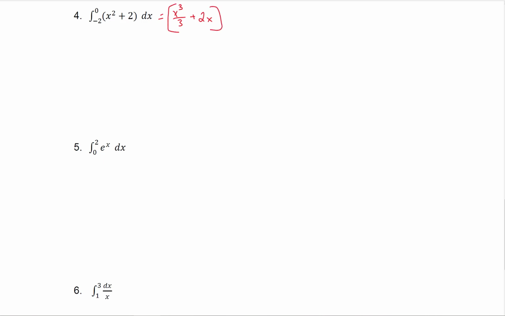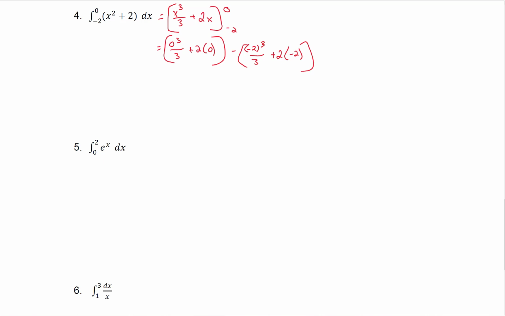And we're evaluating this from -2 to 0. So then substitute in 0 first. So that's 0 to the 3rd over 3 plus 2 times 0. Minus, now substituting in -2, (-2) to the 3rd power over 3 plus 2 times -2.